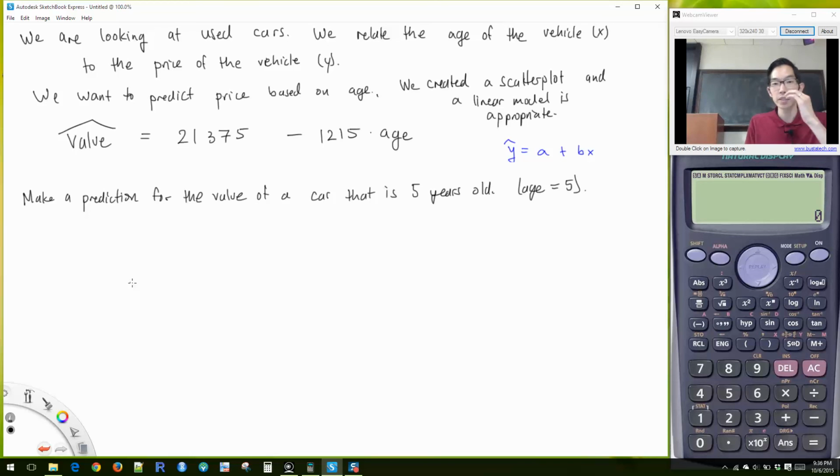And so what are we going to do? We're going to just plug in the number 5 into this thing. So I got value hat equal to 21375 minus 1215 times age, which is 5.